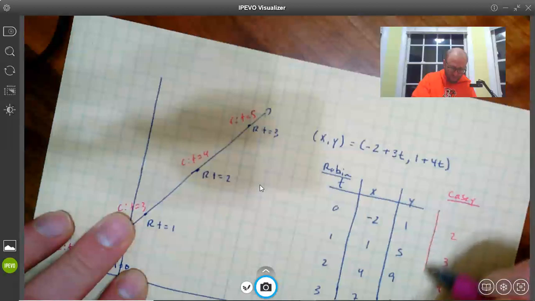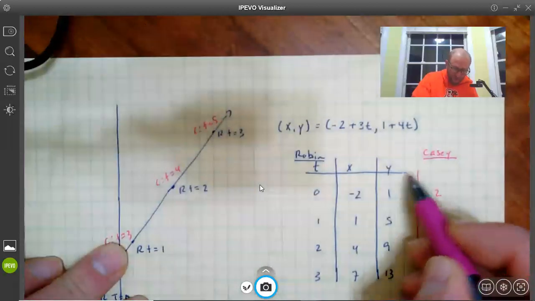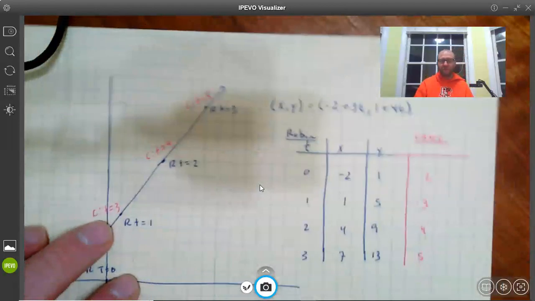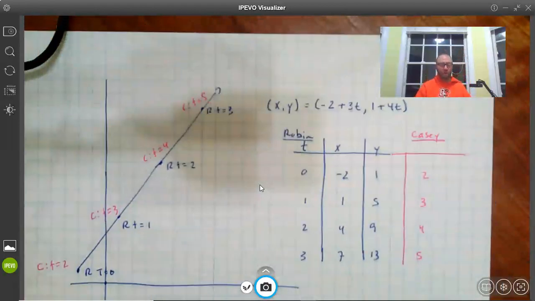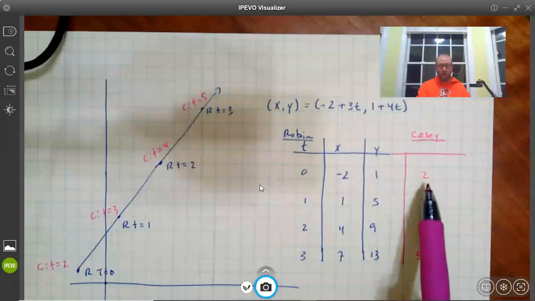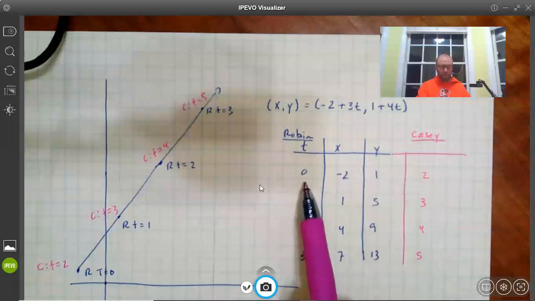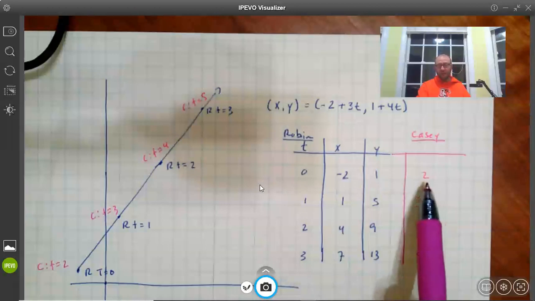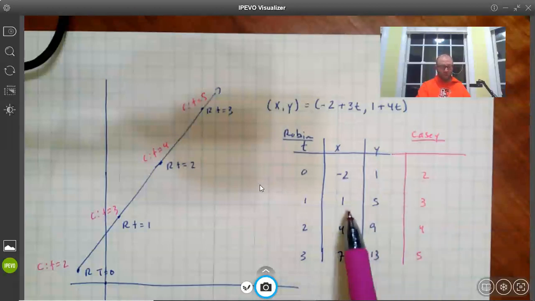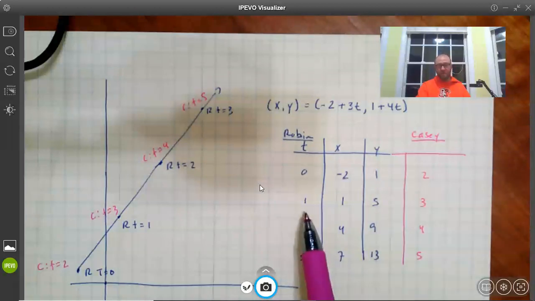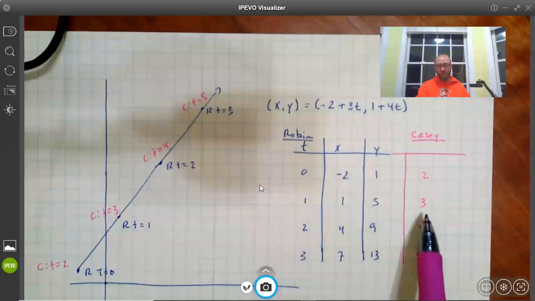So we can see that Casey's at all the same locations that Robin is, but at a different time. So he reaches them 2 hours later. Robin gets to this point at time equals 0. Casey gets here at time equals 2. At the point (1, 5), Robin reaches that at time equals 1, but Casey doesn't get there till time equals 3 hours. All right, and so on.